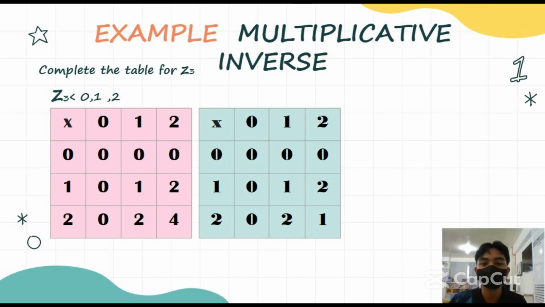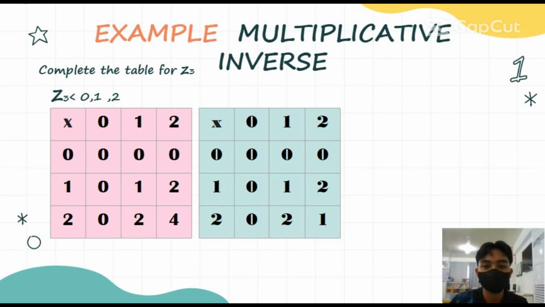The same for 0 times 2 is 0, and 0 mod 3 is 0. For 1, 1 times 0 is 0, and 0 mod 3 is 0. And 1 times 1 is equal to 1, and 1 mod 3 is 1. So 1 divided by 3, we have the remainder of 1.